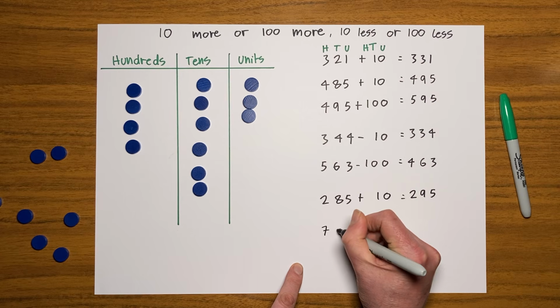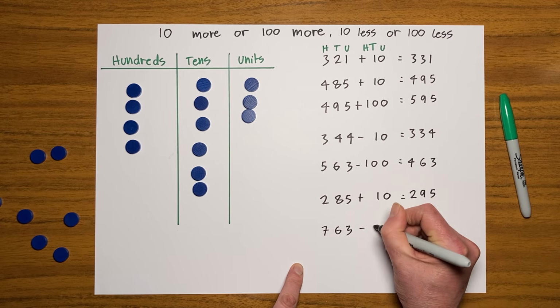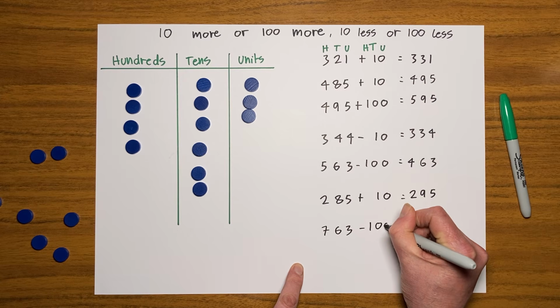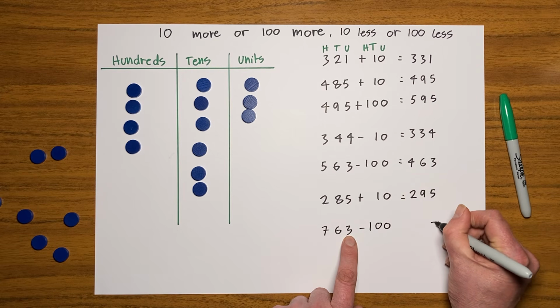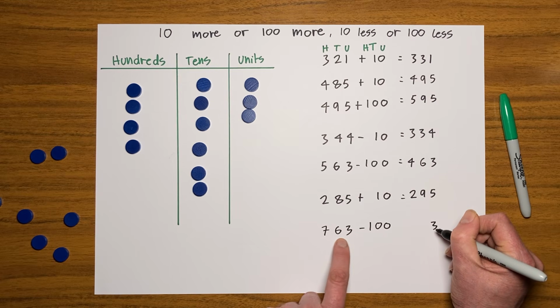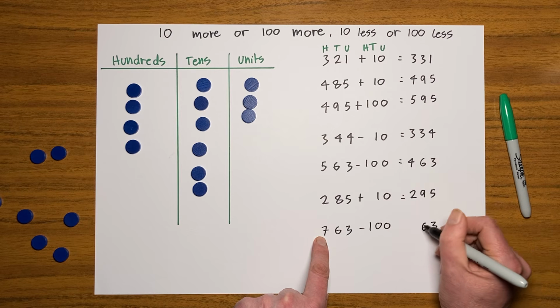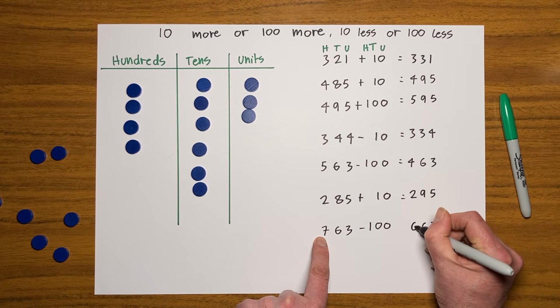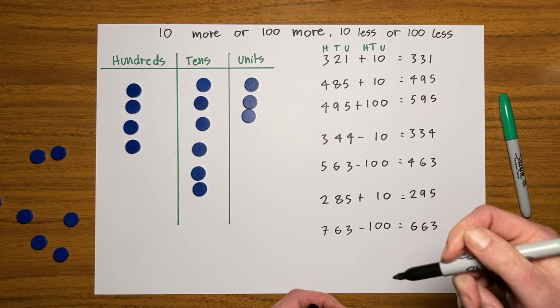Let's do 763. And let's take away 100. Not taking away any units, so that will stay as a 3. Not taking away any tens, so that will stay as a 60. But I am taking away 100 to make that 663.